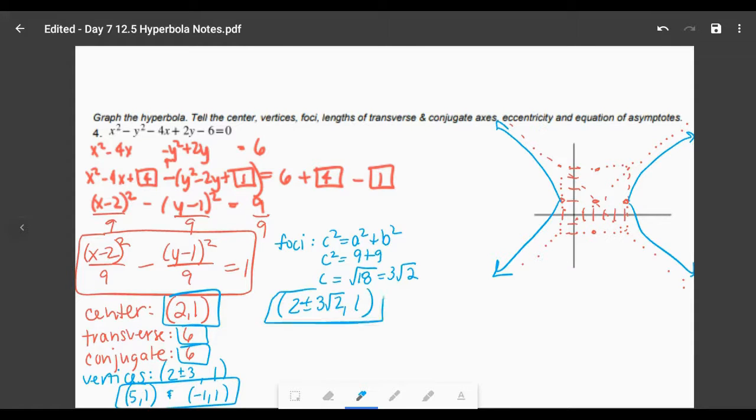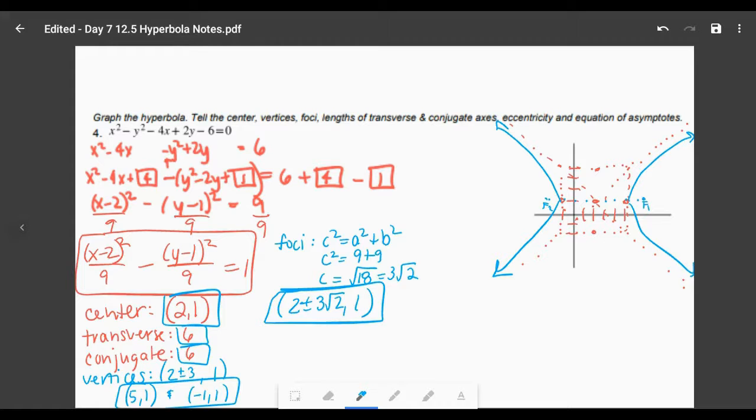We can draw those focal points on the graph if we would like. So square root of 18 is more than 4, but it's less than 5. So a little more than 4 units out. 1, 2, 3, 4. So we'll put it over here. That's focal point 1. And then we'll go 4 units and a little bit more to the left, and that is focal point number 2.